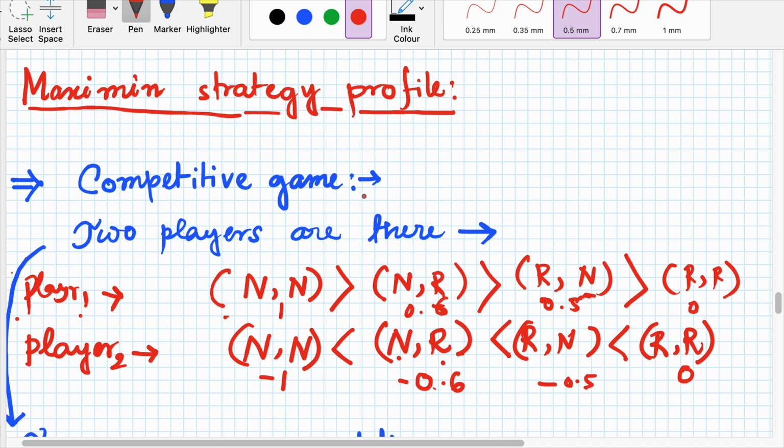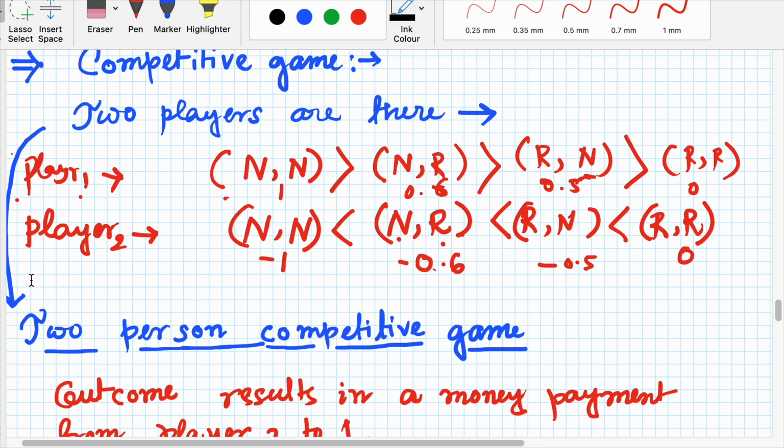We have learned what this strictly competitive game means, and we have seen an example of how one can write a strictly competitive game in terms of a situation where one individual needs to give some amount of money to another individual, and this basically captures the essence of a competitive game.